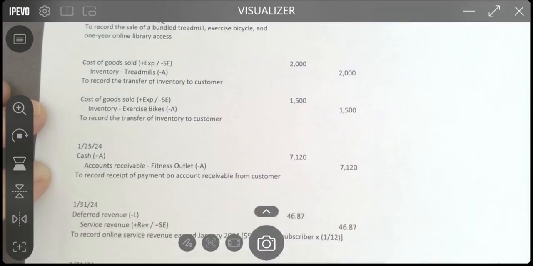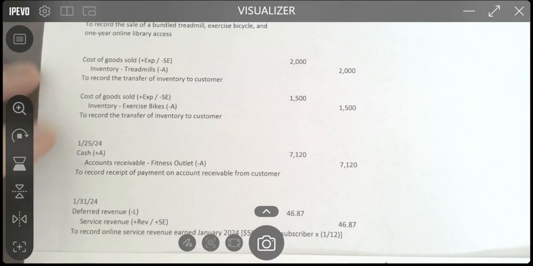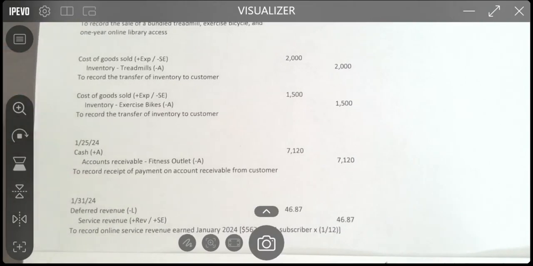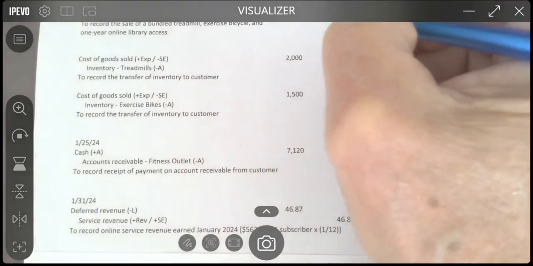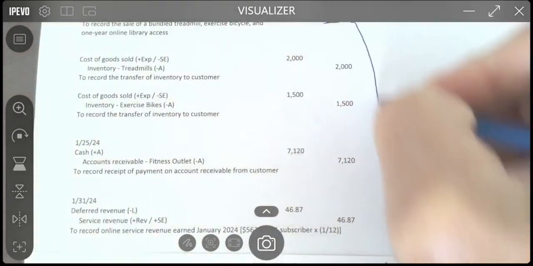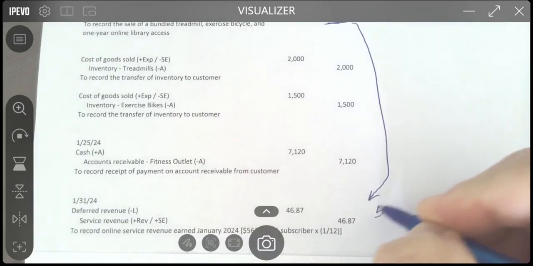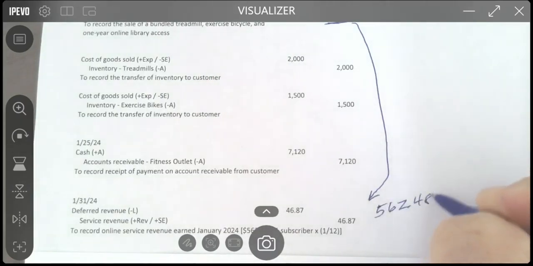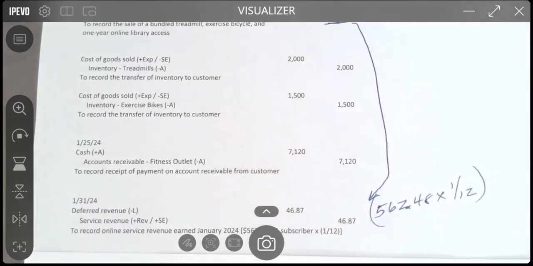And then at the end of January, we recognize a month's worth of revenue. Notice the value. Did you get that when you worked the case? It's not 50. It's 1/12 of 562.48. So the revenue is 46.87.